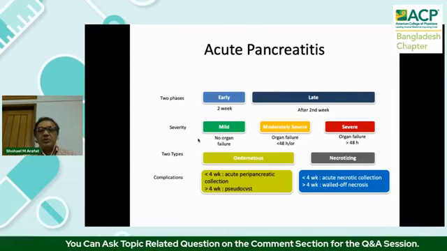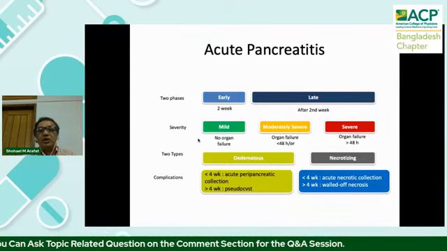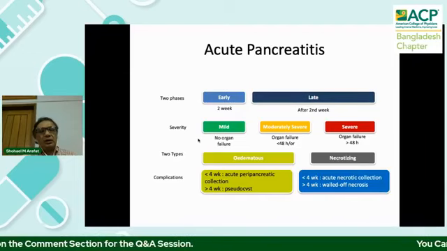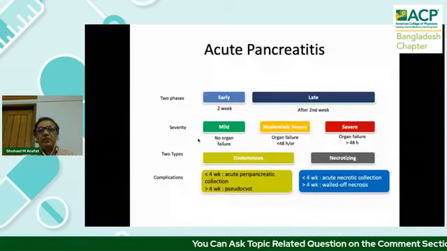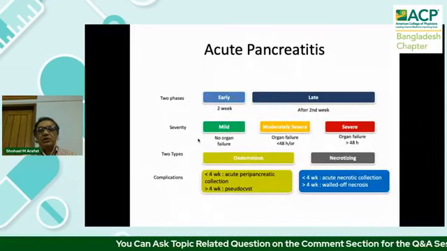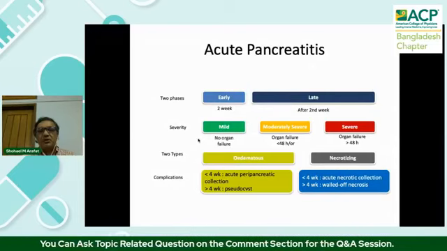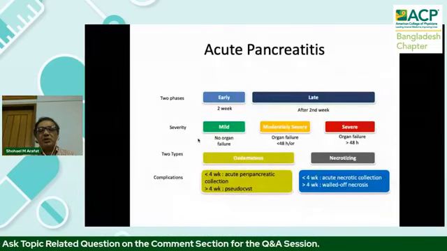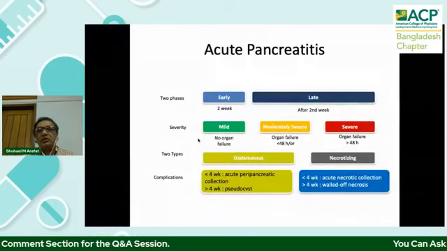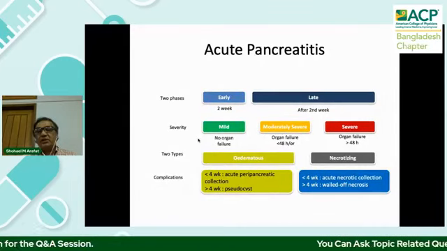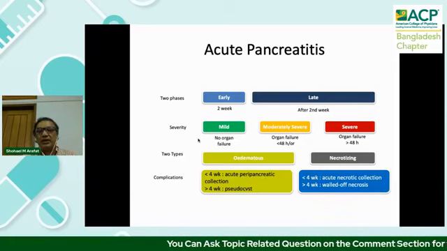But in case of moderately severe, there is some sort of organ failure, like renal or pulmonary or cardiovascular, but in this group, the duration is less than 48 hours. In some cases, there might be some systemic complications or local complications, but there will be no organ failure. In severe cases, there is organ failure which persists for more than 48 hours.